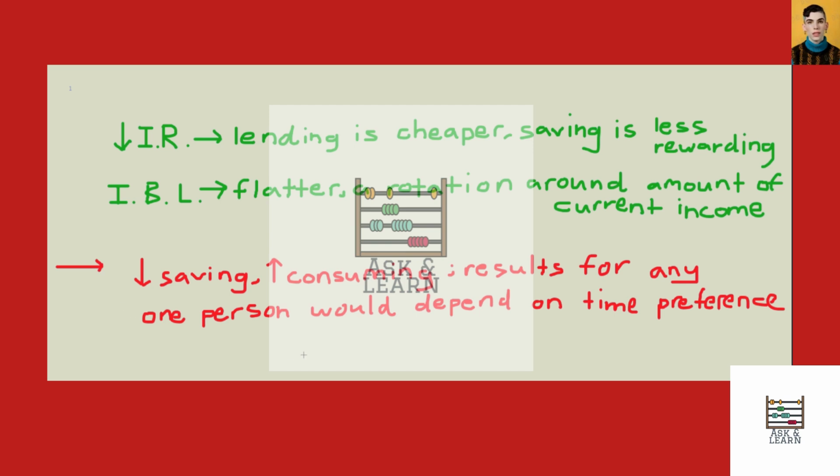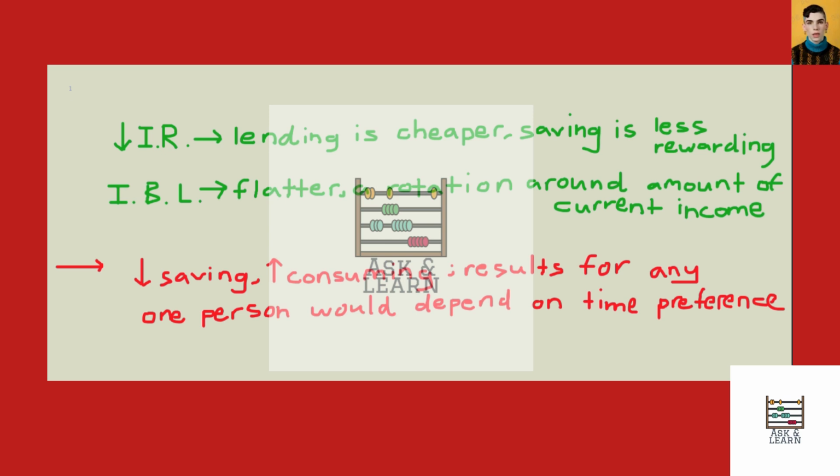So just to sum up, a decrease in interest rates would result in lending being cheaper and saving less rewarding. As a result, the intertemporal budget line would become flatter, and there would be a rotation around the amount of current income.